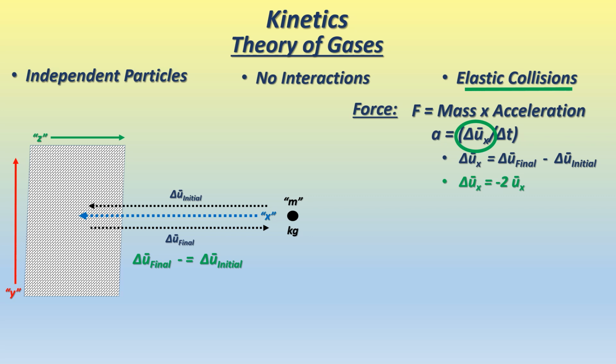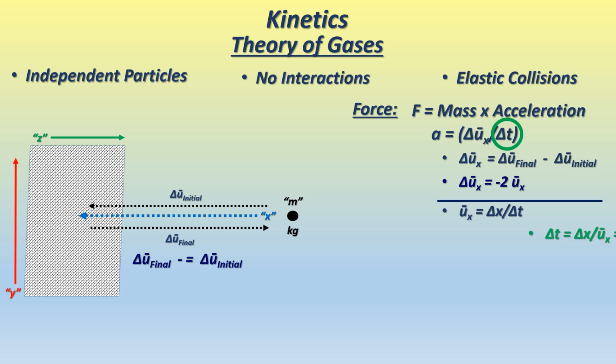Similarly, since I'm traveling over a set distance x, I can find the change in time. By definition, velocity is the change in distance with time. Therefore, the change in time is going to be the change in distance, which is x forward and x in reverse, or 2x, divided by the velocity.